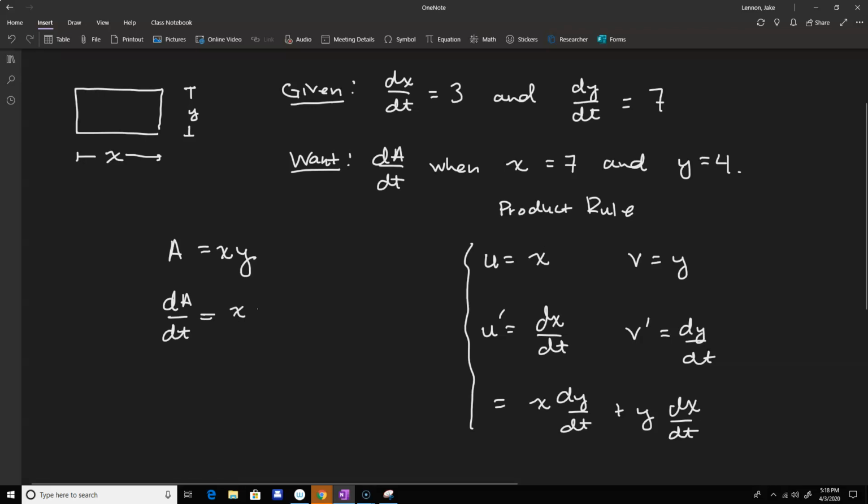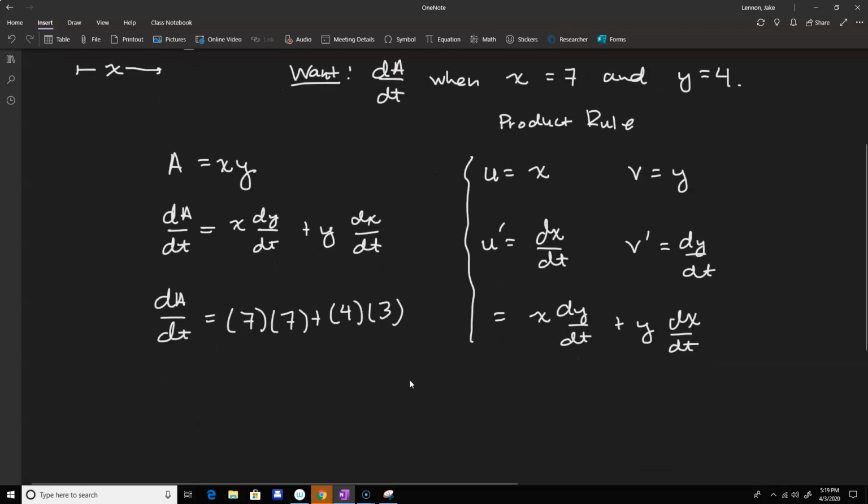So we have x dy/dt plus y dx/dt. And what we want to do is just plug in the known information. So dA/dt here is given by 7 times 7 plus y is equal to 4, and dx/dt is equal to 3. So we get 49 plus 12, which is 61.